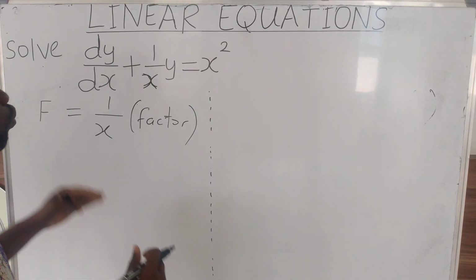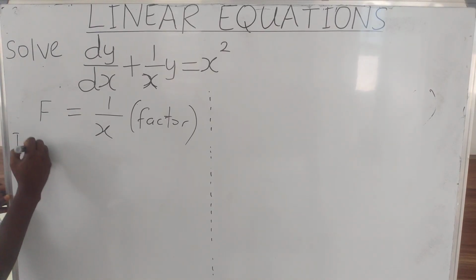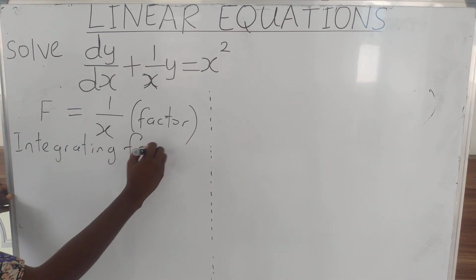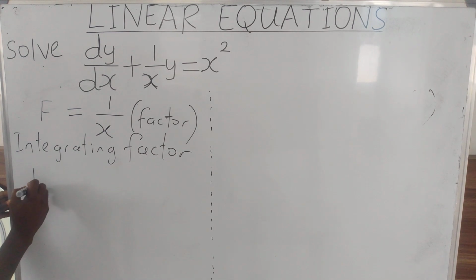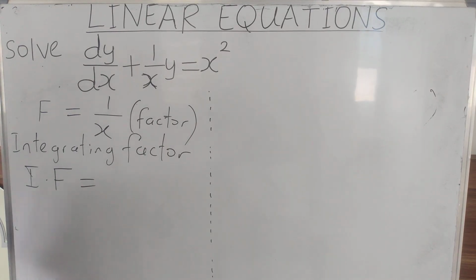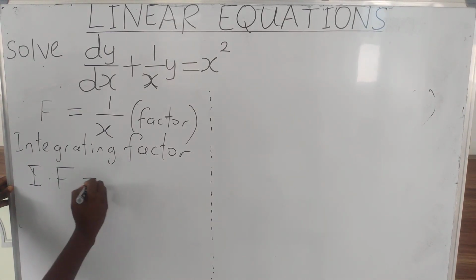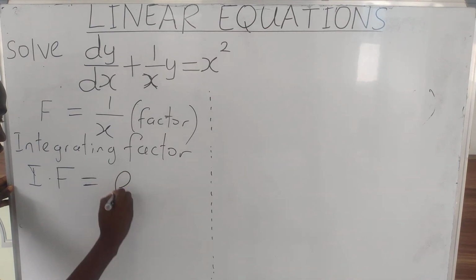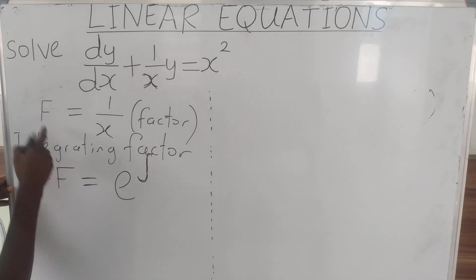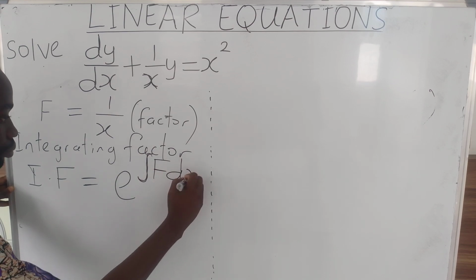The next step is you find what we call the integrating factor. That is I.F., and it has a formula. The integrating factor is the exponent of the integral of your factor, which is the coefficient of y, F dx.